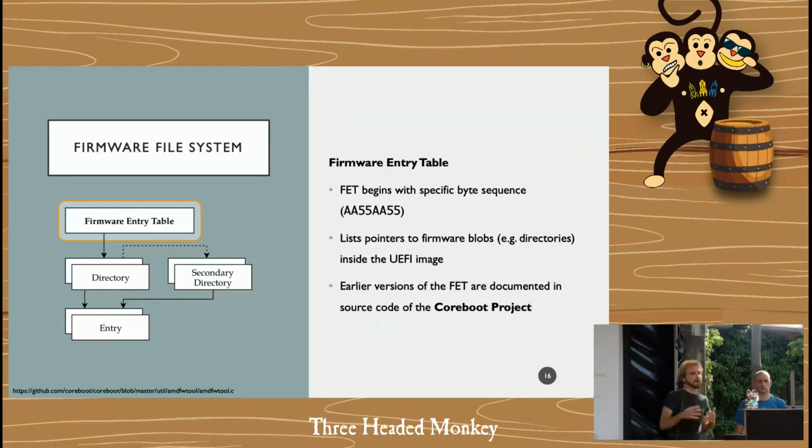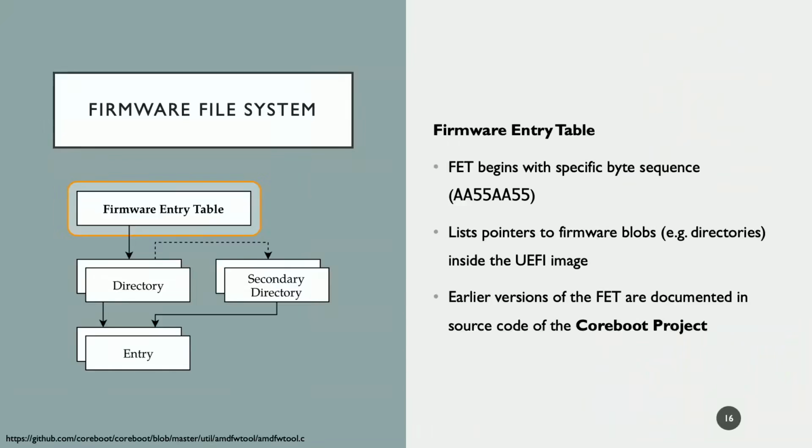But how did we get there? How did we get to the directory? Now, we used binwalk to just find some ARM instructions somewhere inside the UEFI image. But to be able to properly parse the firmware, we had to find the firmware entry table. And this firmware entry table we found out about through the coreboot project.